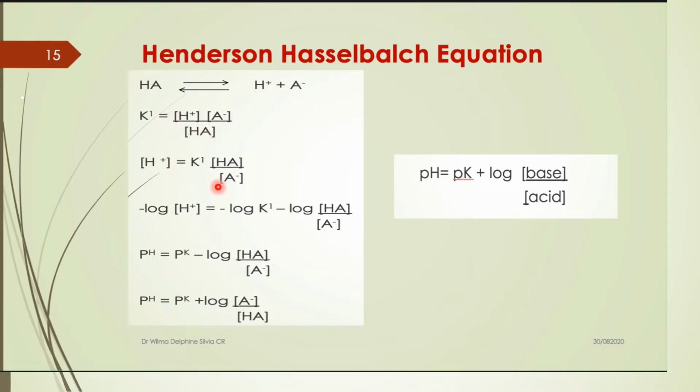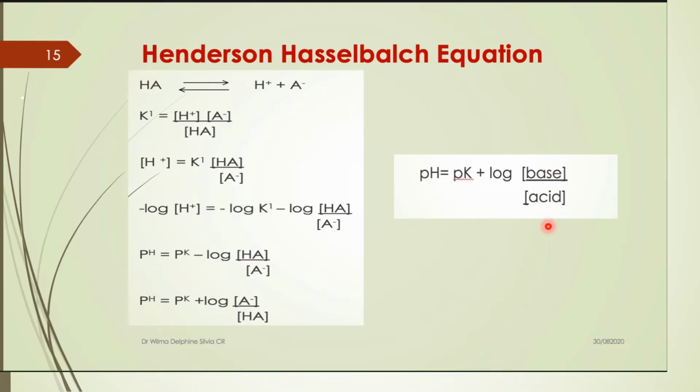So when you simplify this and substitute negative logarithm on both sides, you get pH is equal to pK minus log weak acid to base. When you again simplify this by reversing it, it becomes the positive logarithm of base to acid. So pH is equal to pK plus log base to acid.